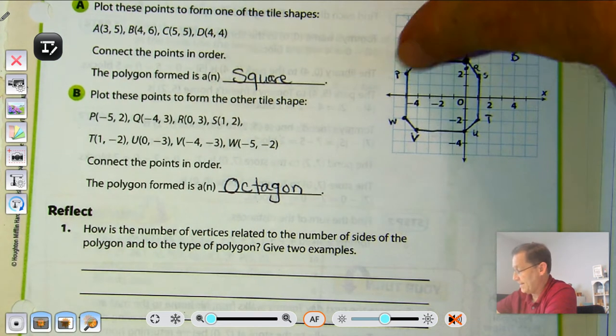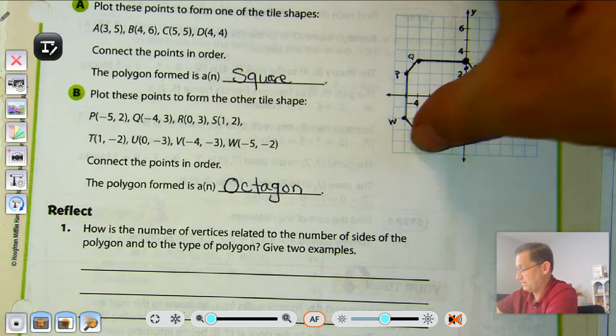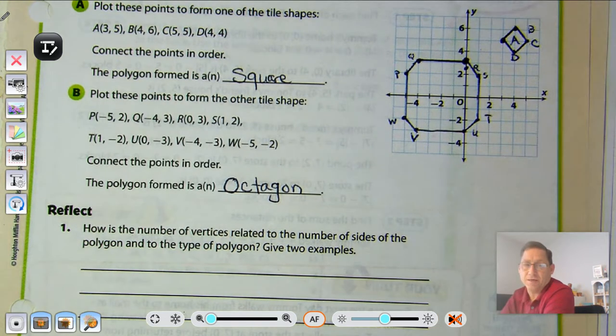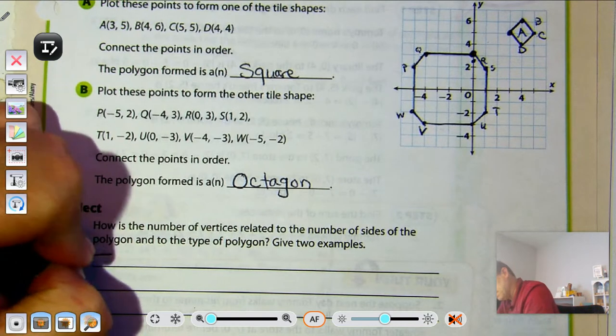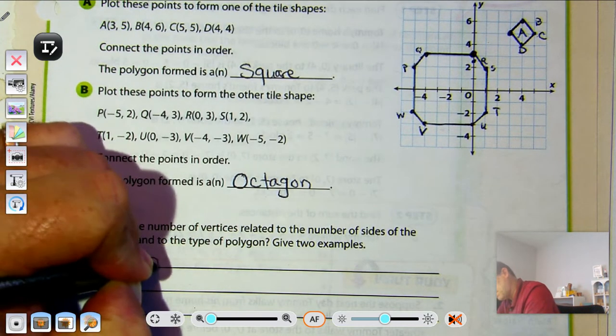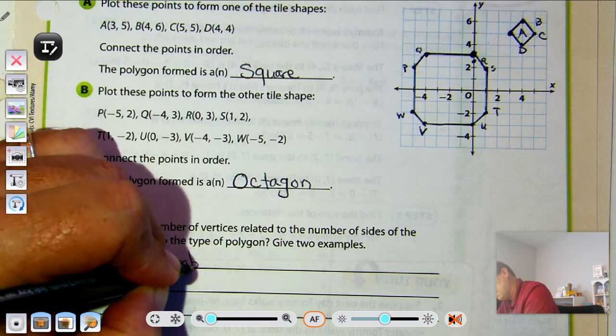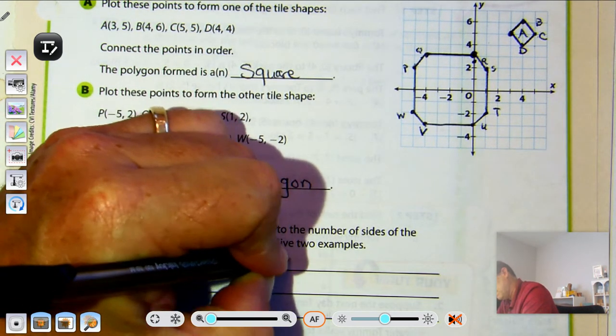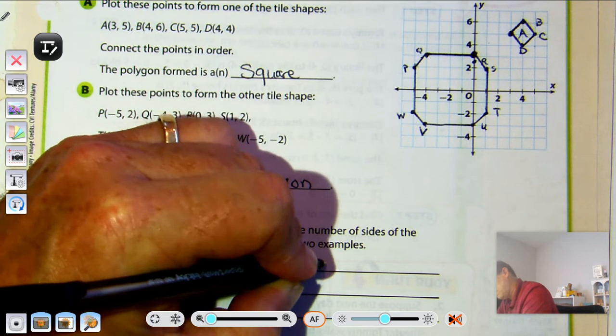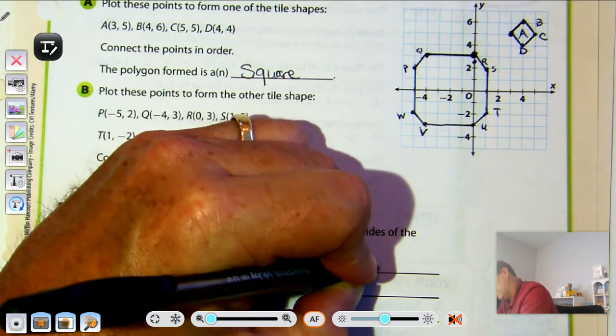The one we just made has 8 vertices, and that's an octagon. So on. So the number of vertices equals the number of sides.